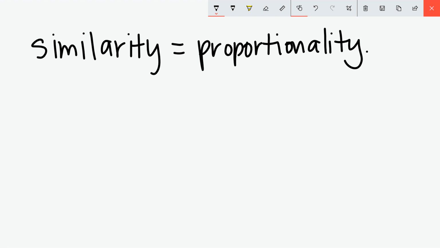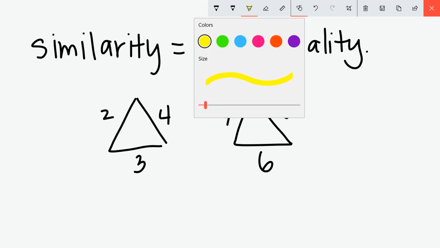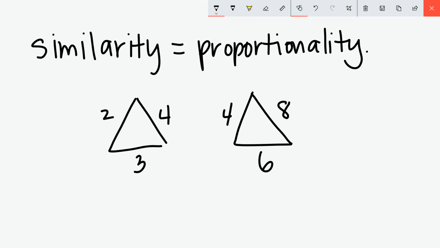So if I use that same example, 2, 3, 4 triangle, and my 4, 6, 8 triangle, let's also label my vertices.